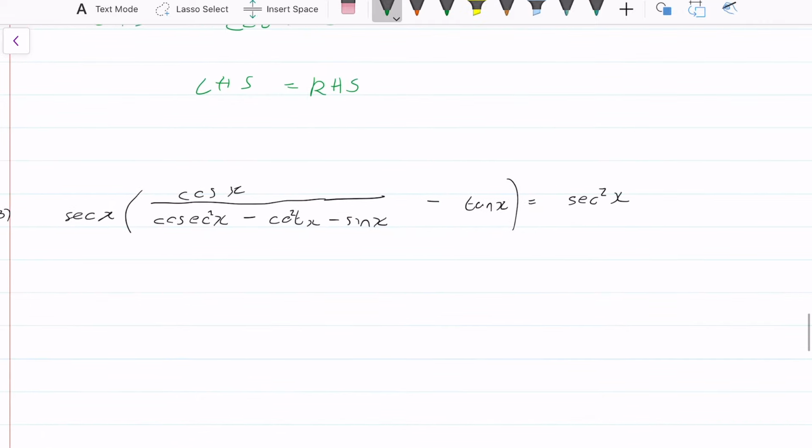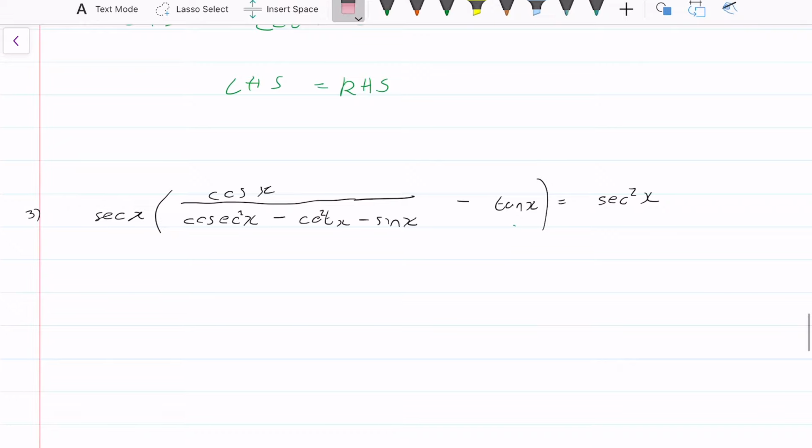Okay, again, sec is 1 over cos, right? So multiplying it in gets rid of that cos, but it adds a cos squared at the bottom here. So I am just going to leave the cos as it is for now. I mean the sec.